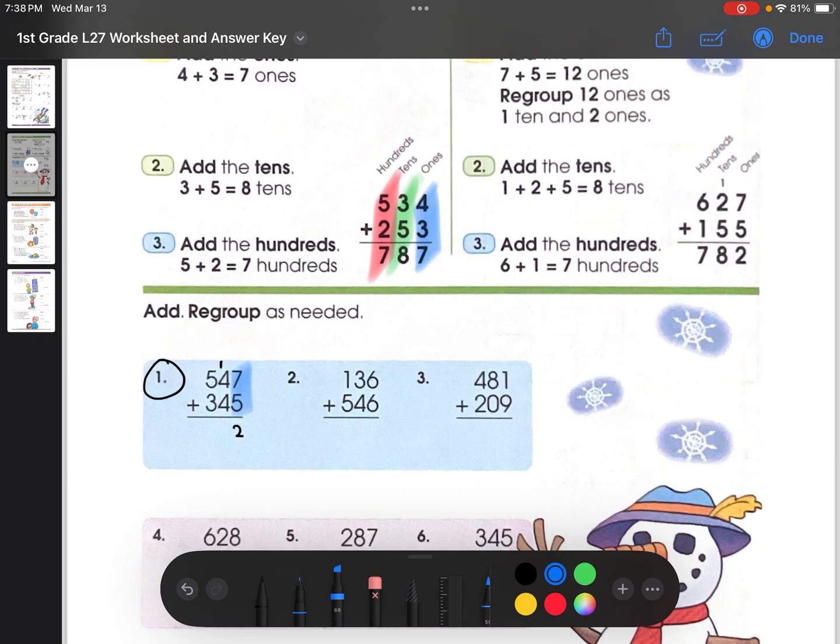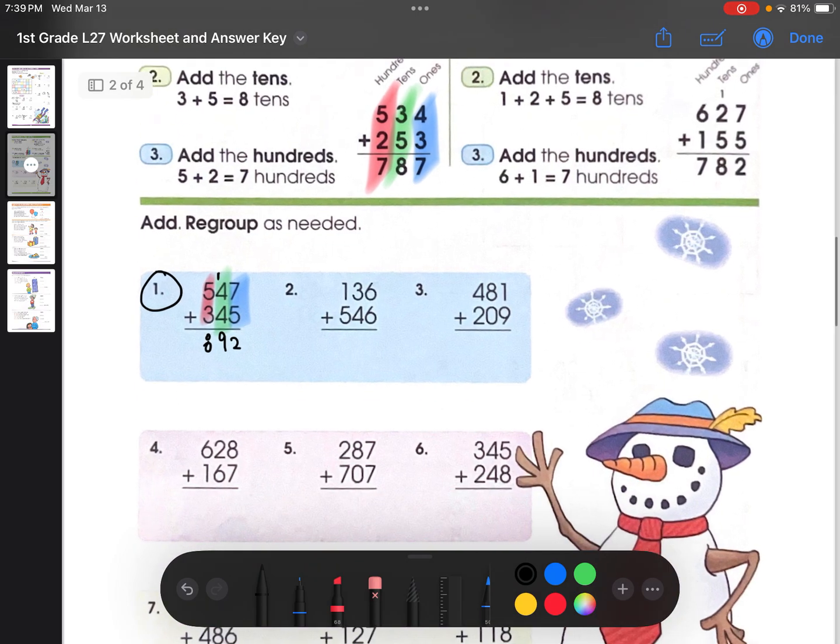Then when we move on to the tens place, we do 1 plus 4 first, which is 5, and then we do 5 plus 4, which is 9. So 9 goes here, and then finally we do the hundreds place. 5 plus 3 is 8. And bam, that's how you get your answer.